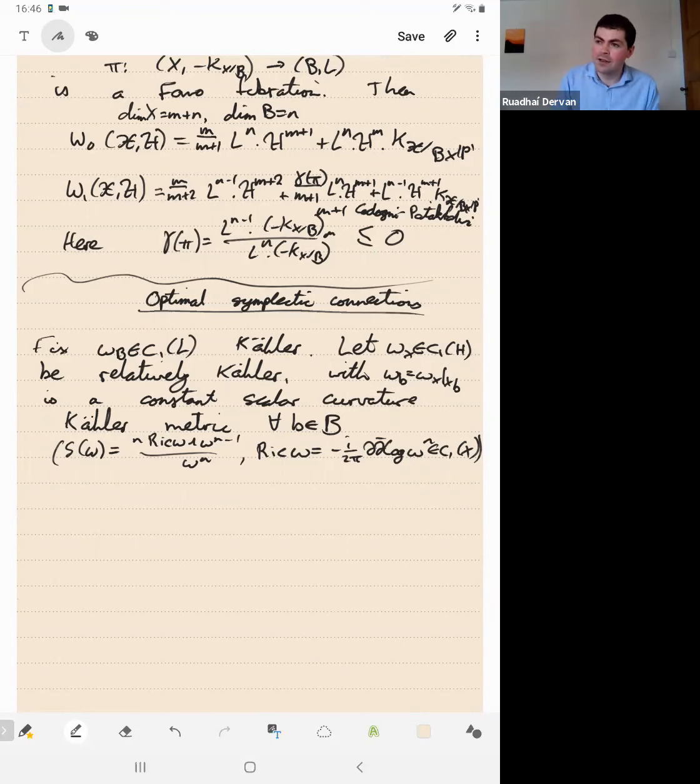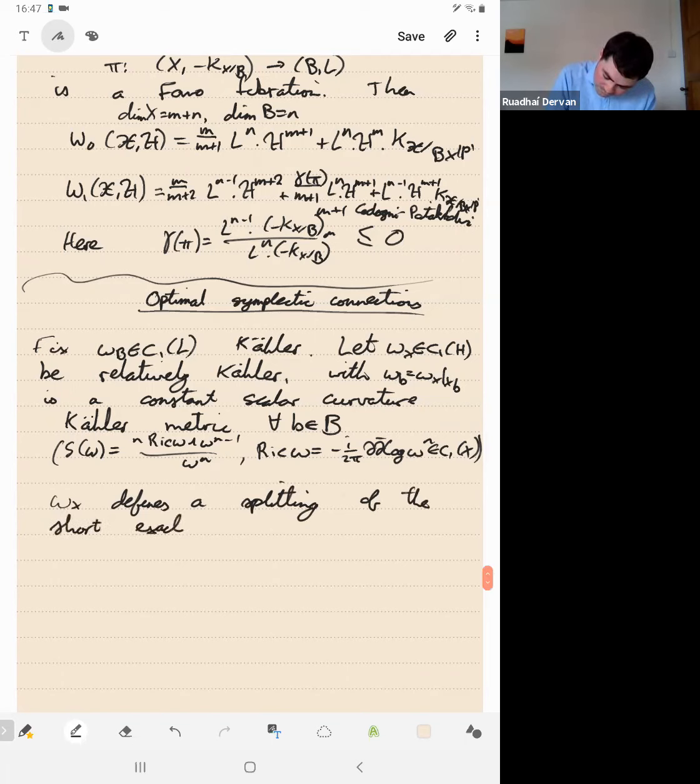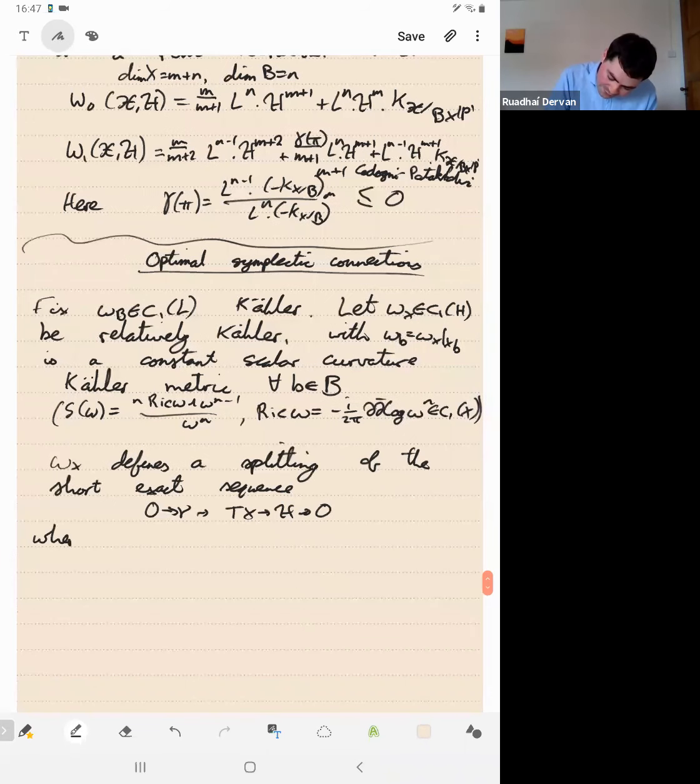For all of these canonical metrics, they're really curvature conditions. In our case, the curvature condition will be to view omega_X as a connection in the sense of differential topology, or really in the sense of symplectic topology. So omega_X defines a splitting of the short exact sequence 0 to V to TX to H to 0, where V is the vertical tangent bundle, the kernel of d pi.